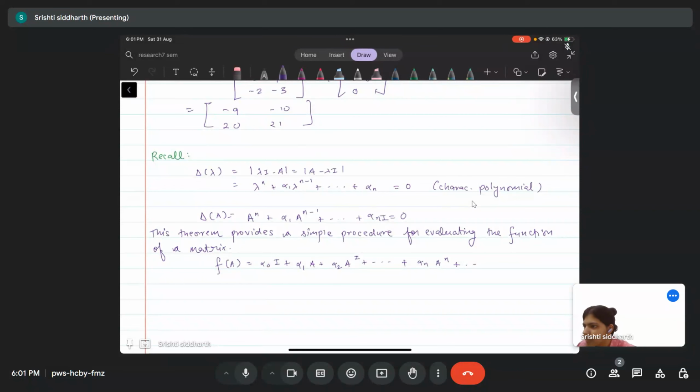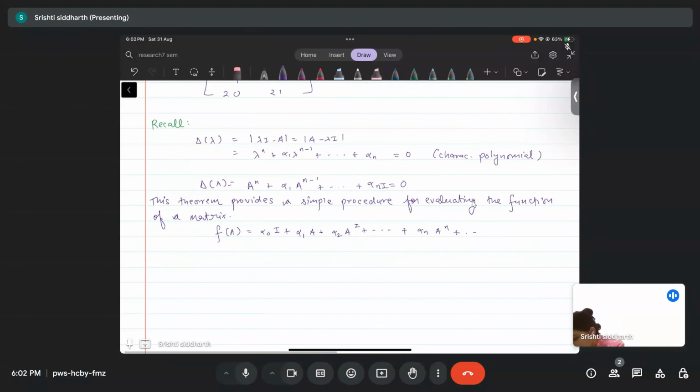Okay. So the scalar polynomial f of lambda is given, let's say that this is something like a naught plus a1 lambda plus a2 lambda square, and so on till a n lambda n.